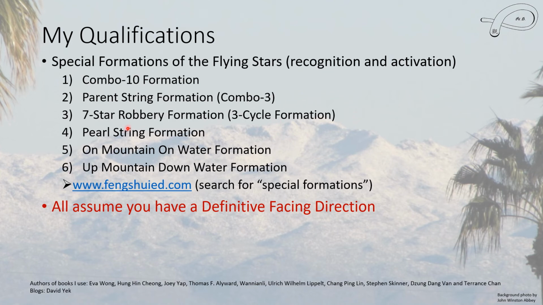I happen to call the 7-star robbery formation the 3-cycle formation because it's informative and it doesn't have the word robbery in it, because people tend to freak out when they hear that. I don't think anybody else does. But again, you must have a definitive facing direction for this to work.